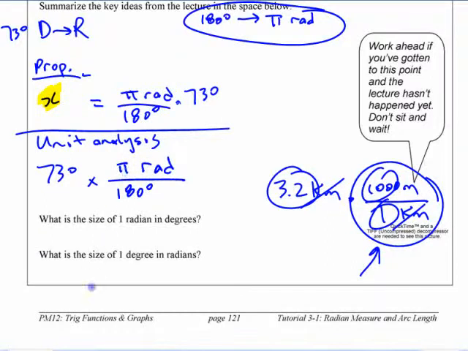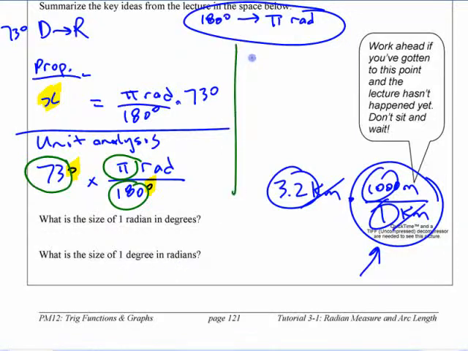Pi being a number, 3.14. The reason I would write this fraction this way is because I want to get rid of degrees, because I've got degrees here. If I put degrees in the bottom, they'll cancel out, right? So I can then just do 73 times pi divided by 180.